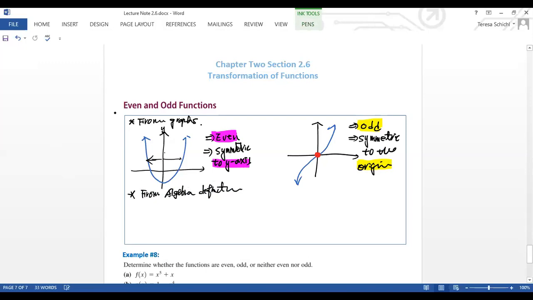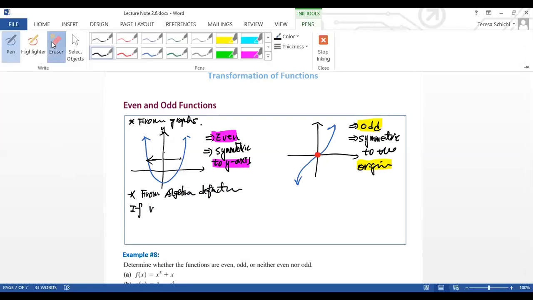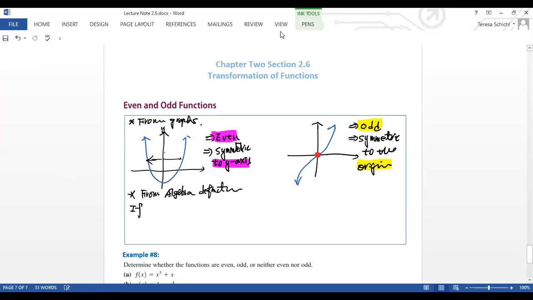Okay, so let's see here. If f is even, then because it's symmetric to the y-axis, we talk about the reflections.